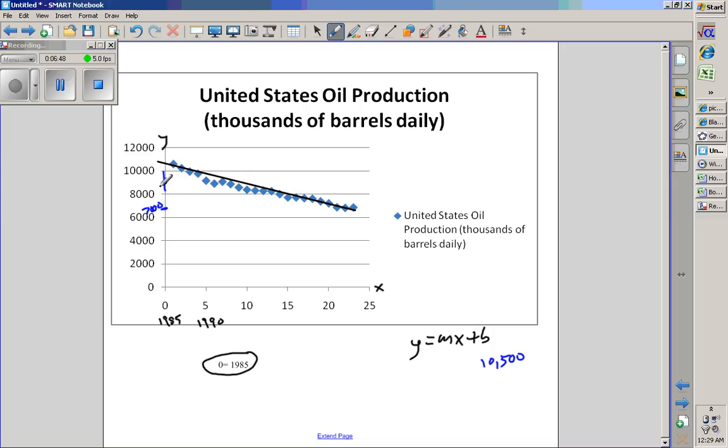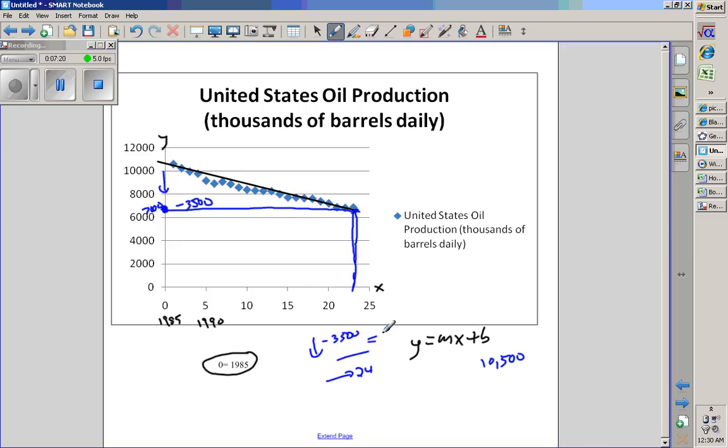Well, if I go from 10,500 down to 7,000, that is going down 3,500. And then how many am I going over? I'm going over from here to here, that's 0 to about 24. So I'm going down 3,500 and going over 24.